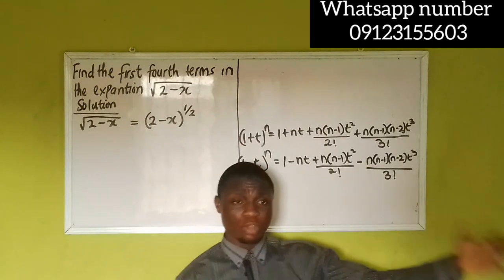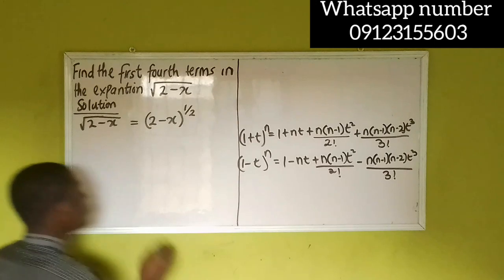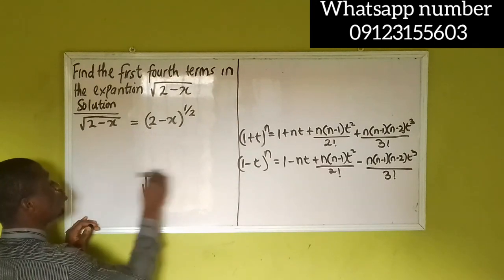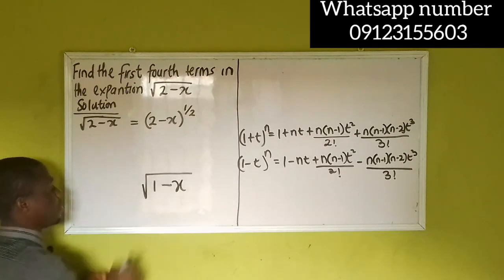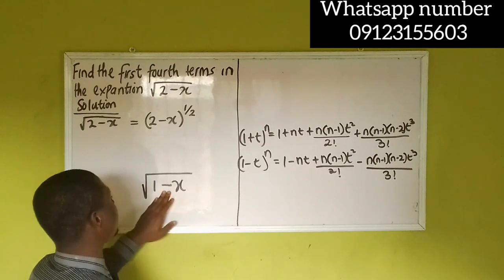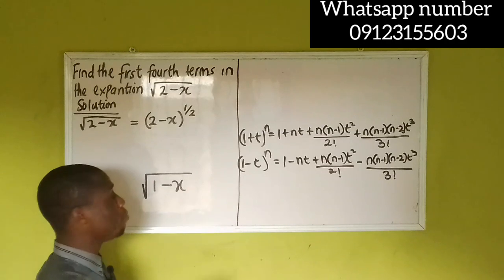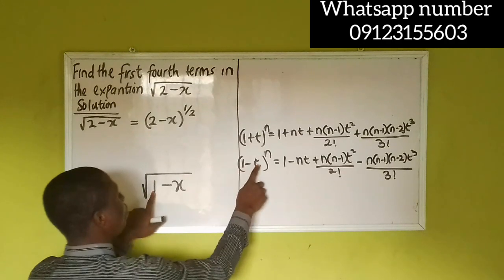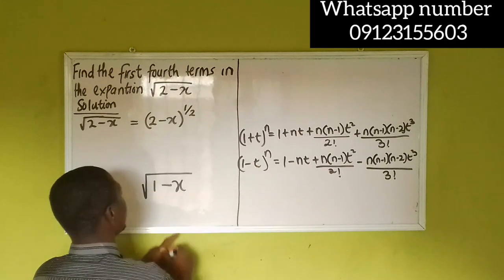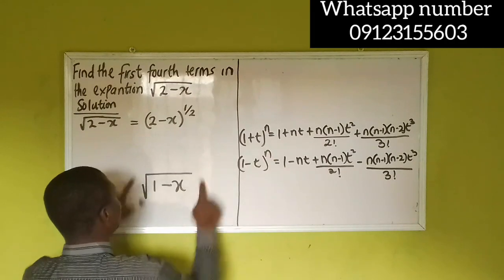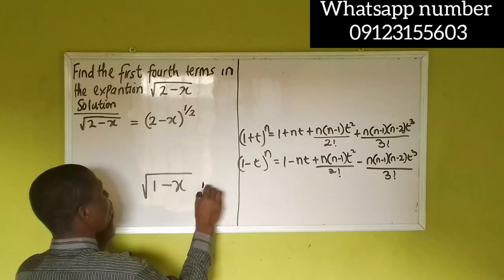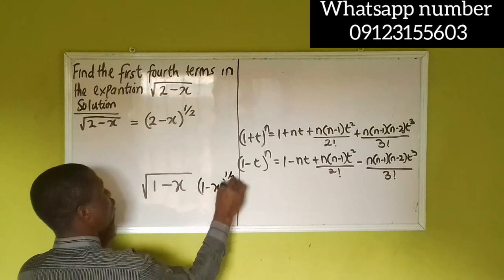From our previous example, we solved a question on root 1 minus x. I can easily apply this formula to solve it straightforward, because my 1 is 1, my t is x, and my n is what? If I express this in index form, I'll have 1 minus x to the power of 1 over 2.